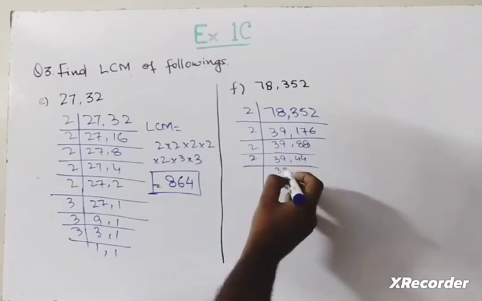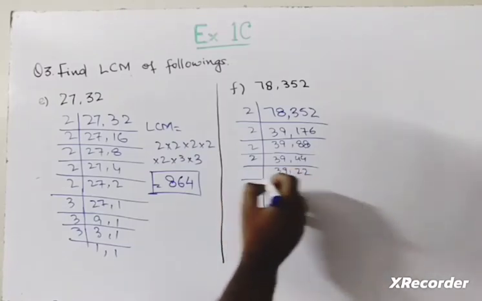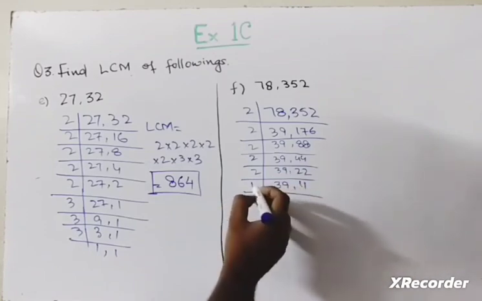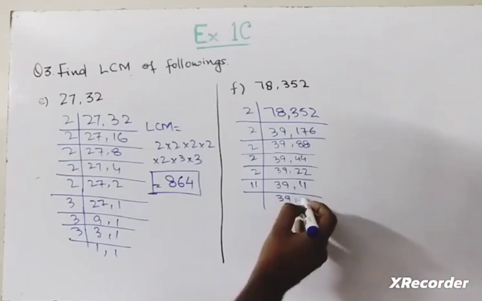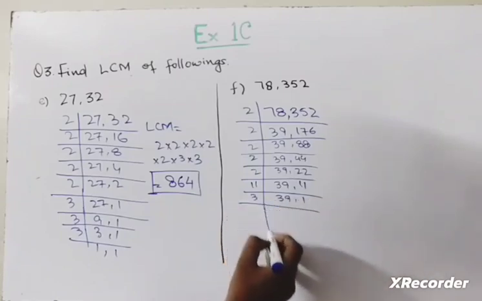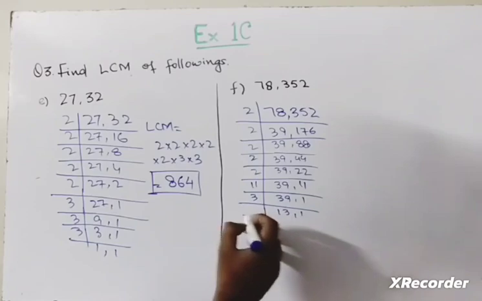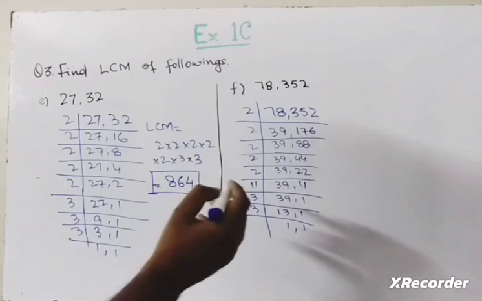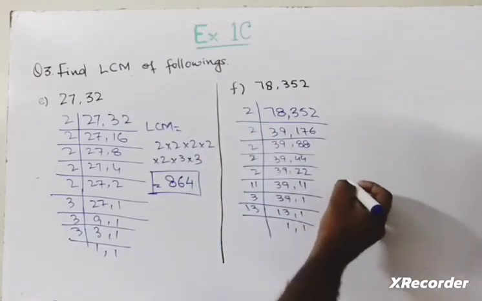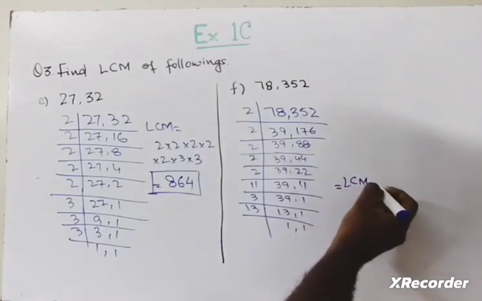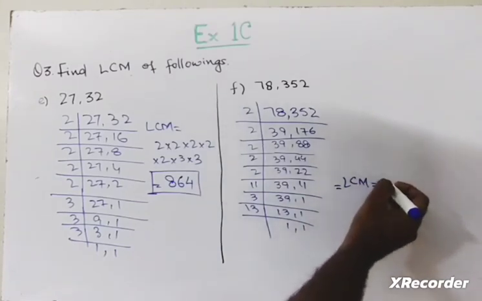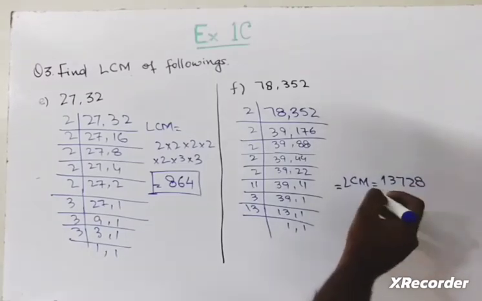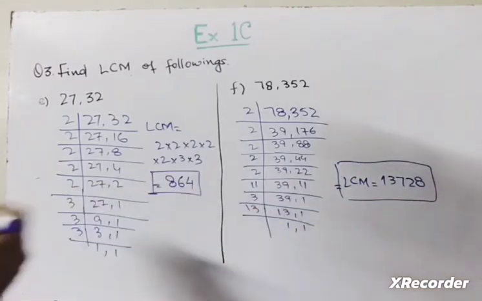With 2 we get 22. With 2 we get 11. With 11 we get 1. With 3 we get 13. With 13 we get 1, 1. So by multiplying all the factors, the LCM will be 13728, and that is our required answer.